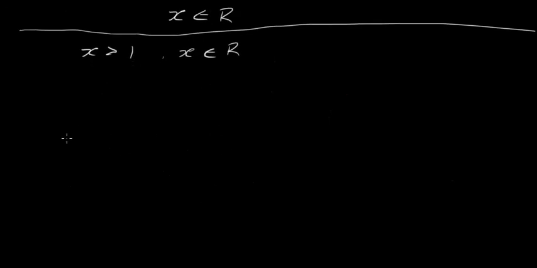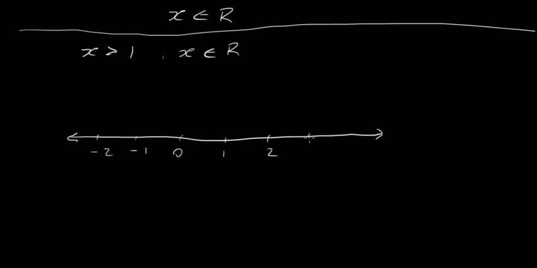What we're going to do first of all is just draw our number line again, and our real numbers go off in both directions. We'll start here with, let's say, minus 2 again, minus 1, 0, 1, 2, 3, 4. Now we want x to be bigger than 1. Here's 1 here. We want x to be bigger than 1, but we want x to be real numbers.